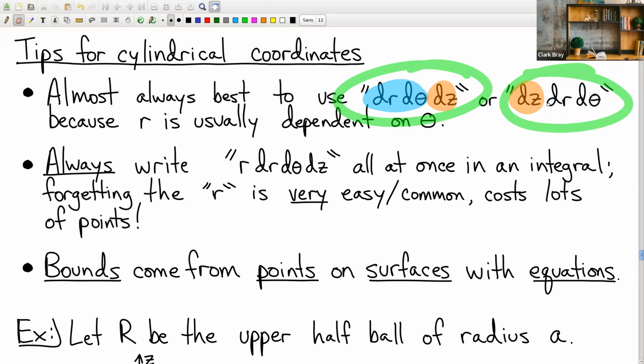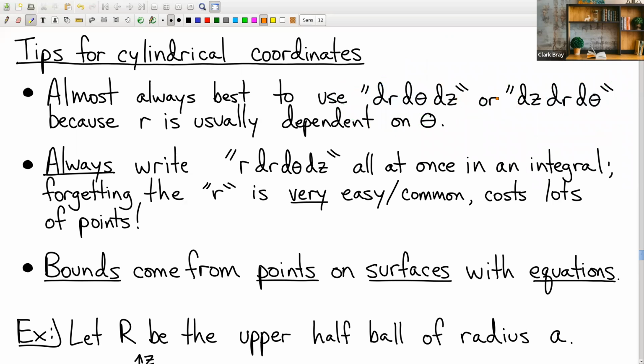Okay. All right. Again, don't forget your stretching factor. If you write the stretching factor in at the same time that you write your differentials in, it'll make it harder to forget. And again, it's an unavoidably big deal.